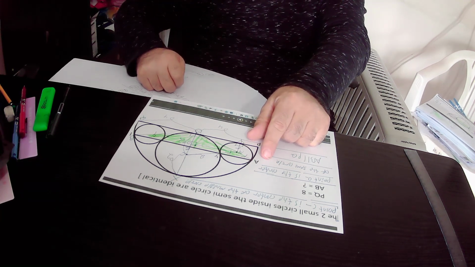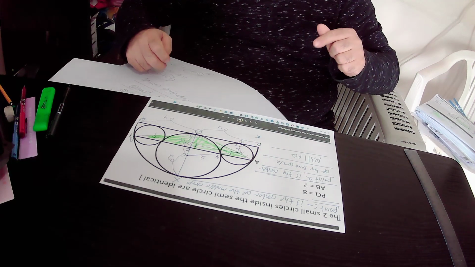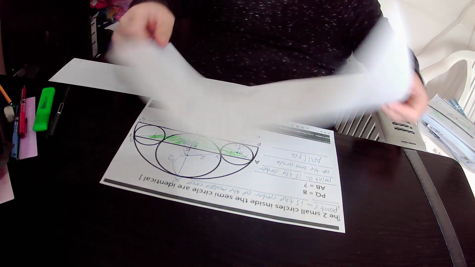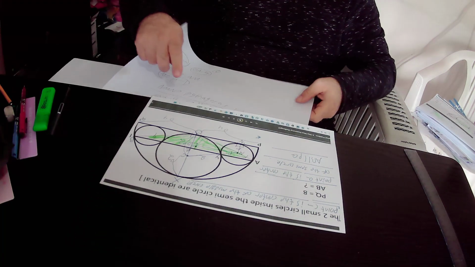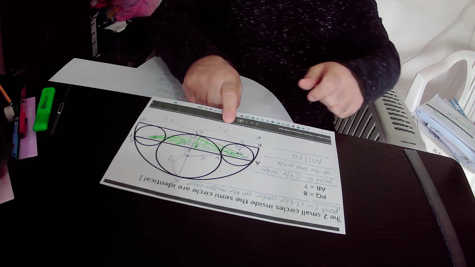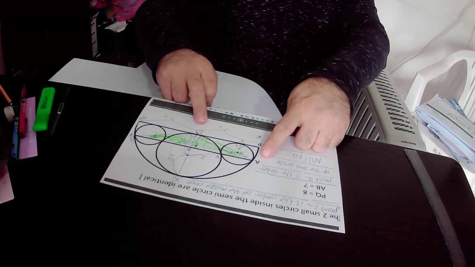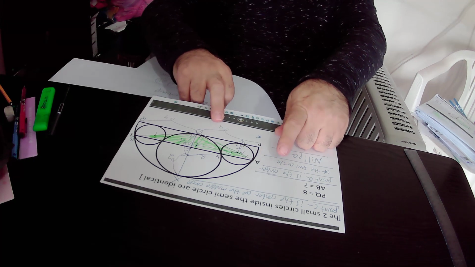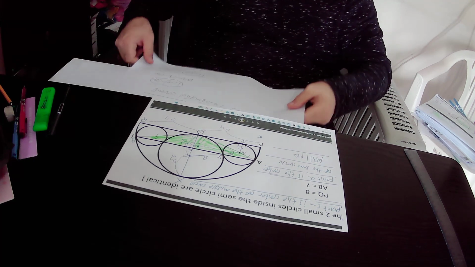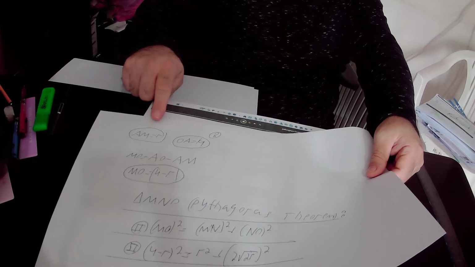AM is the radius of the small circle, that is to say it equals R. AO is the radius of the semicircle, that is to say it equals 4 units. So AO equals 4 units, AM equals R.